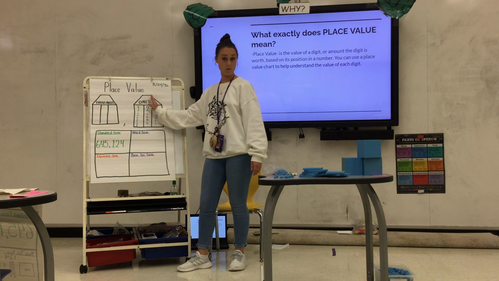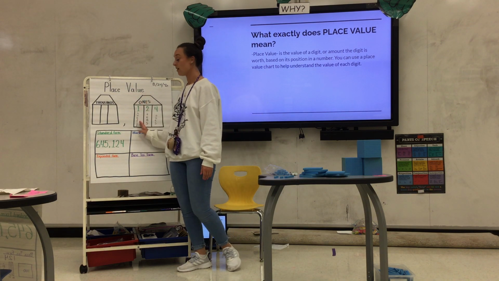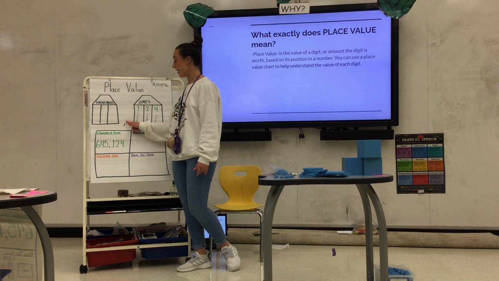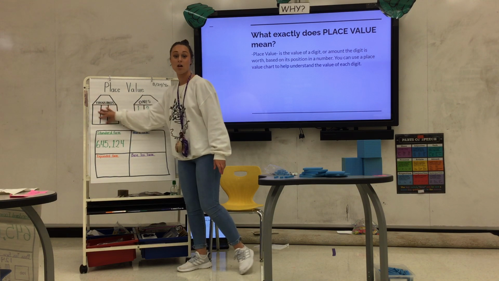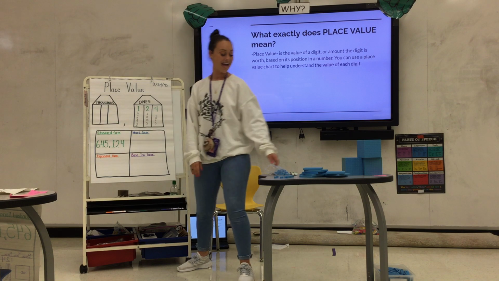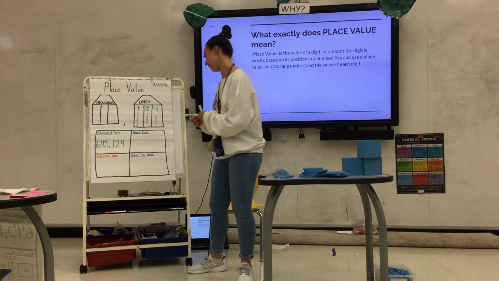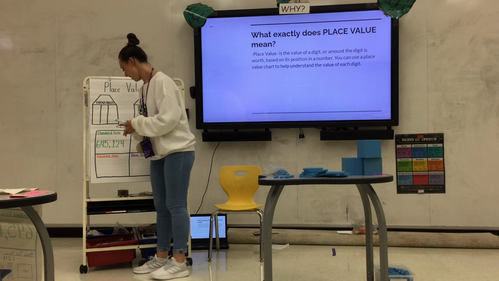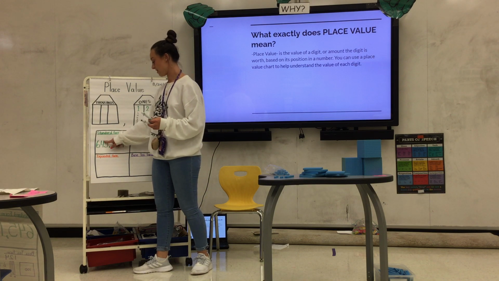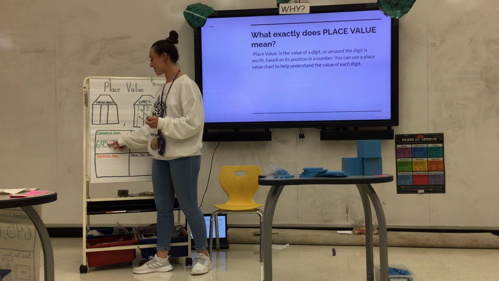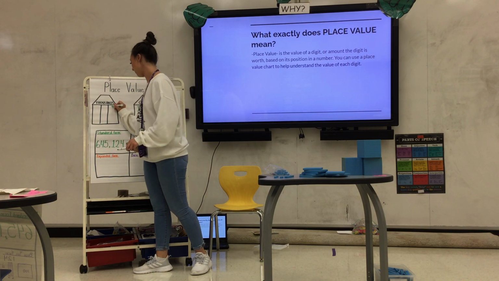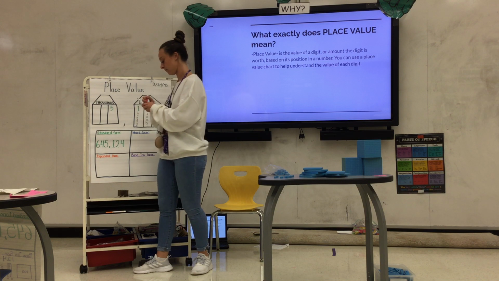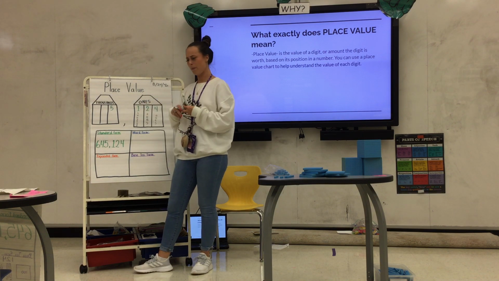Okay? So I took care of my ones, took care of my tens, took care of my hundreds. Now I have to go over to the neighbor's house, a new house, and go to my thousands place value. And in this case, I can see that the 5 is in my thousands place value. So I'm going to write my 5 right here. And what place value was this one in again?